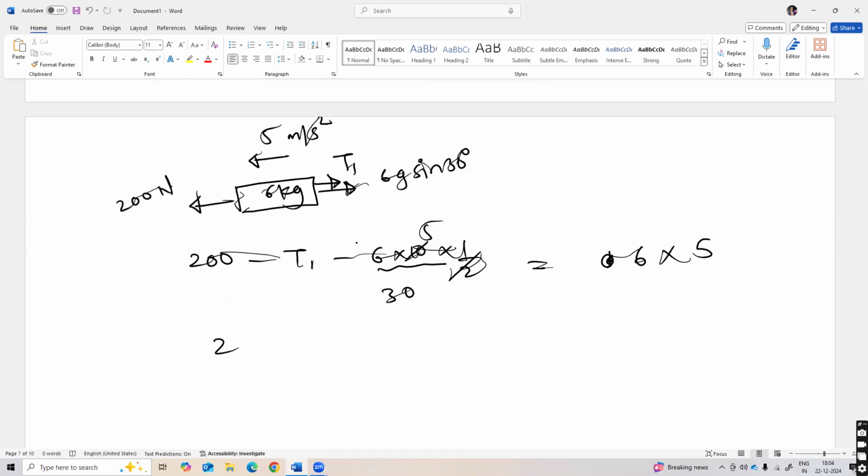So what we got is 200 minus T1 minus 30 is equal to 30. If we solve this, we will get T1 equal to 140 Newton.